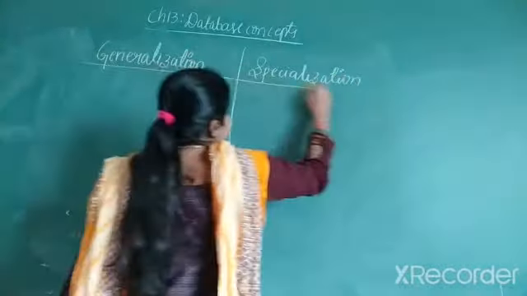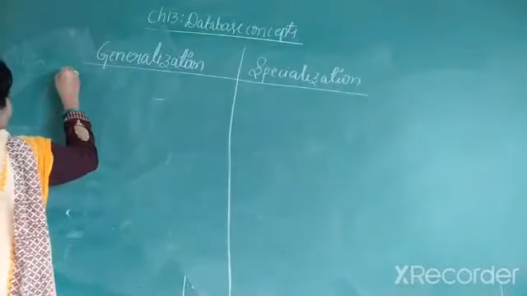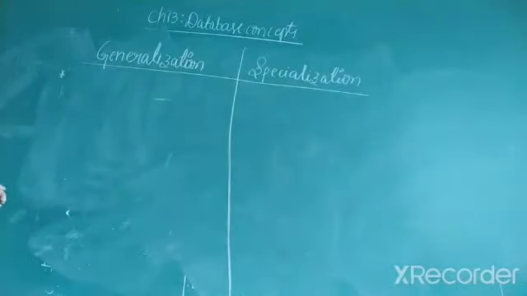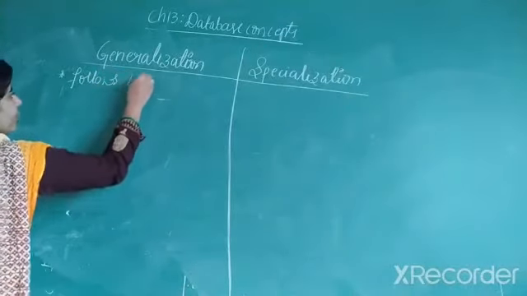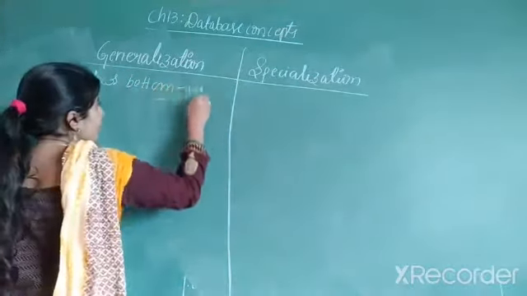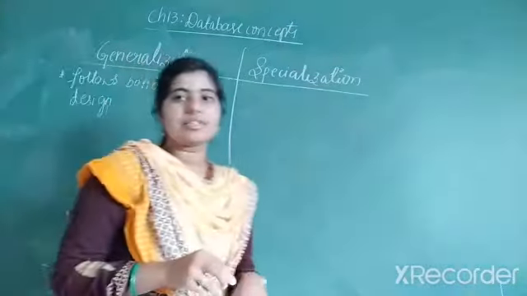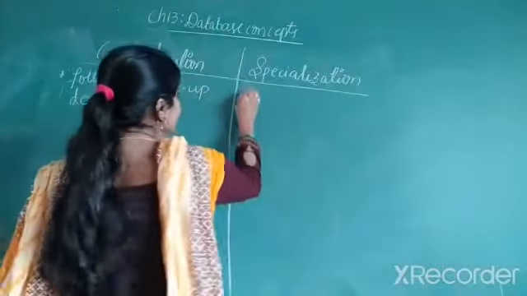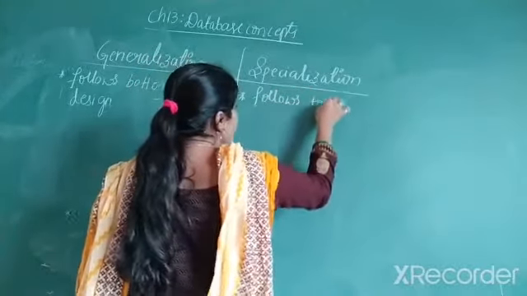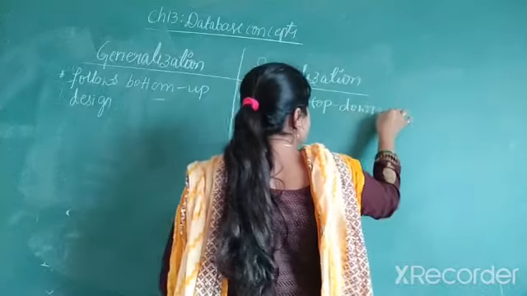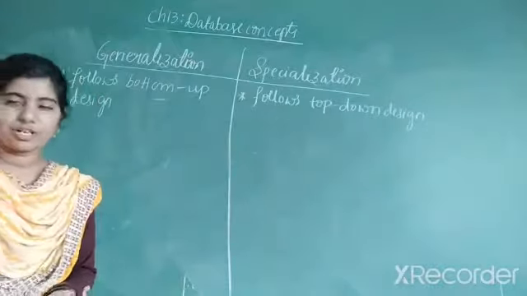The first difference is that generalization follows the bottom-up design, whereas specialization follows the top-down design. This is the first difference between generalization and specialization.